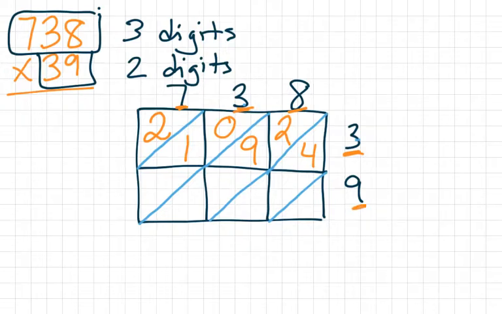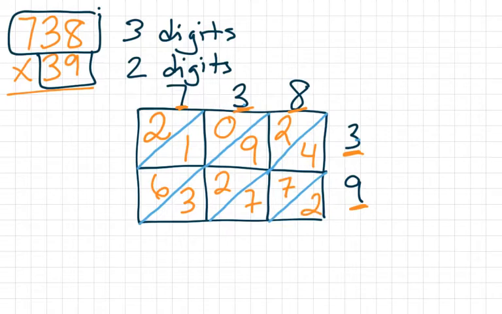7 times 9 is 63. 3 times 9 is 27. And 8 times 9 is 72. Now, we've multiplied each digit of the first value times each digit of the second value.